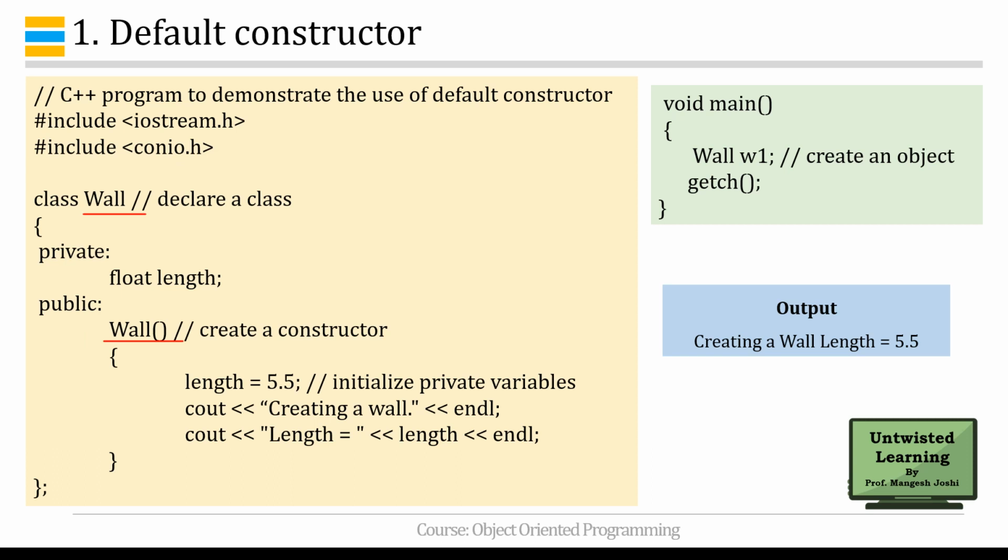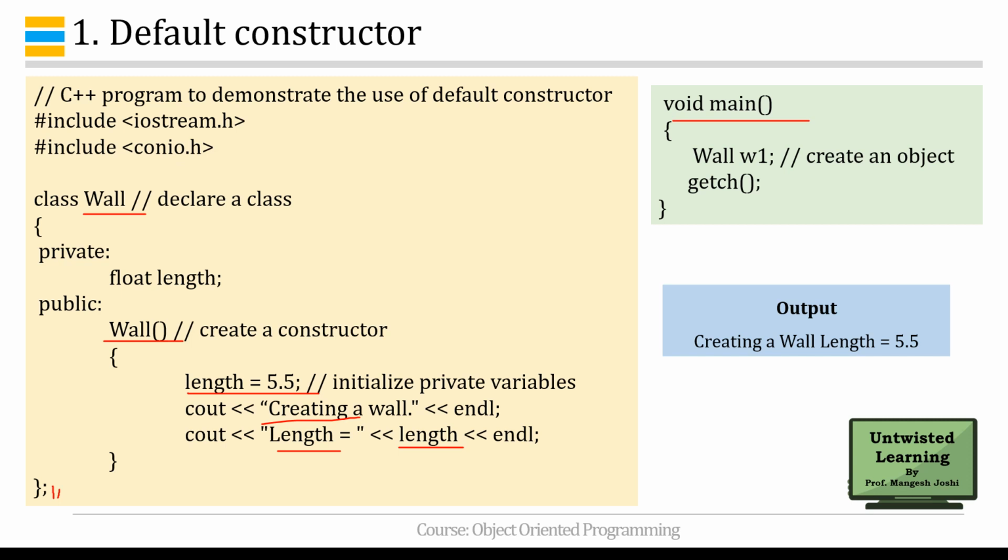Now inside wall you have assigned the value of length equal to 5.5. That is basically initializing the private variable. And then you are displaying "creating a wall, length is equal to" this length. Now this class is closed over here.